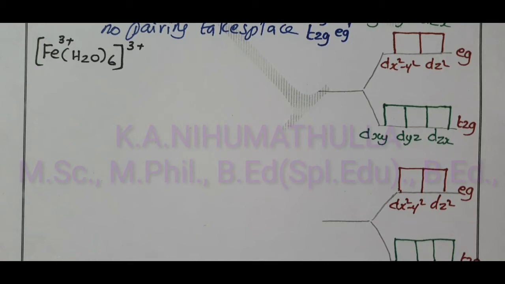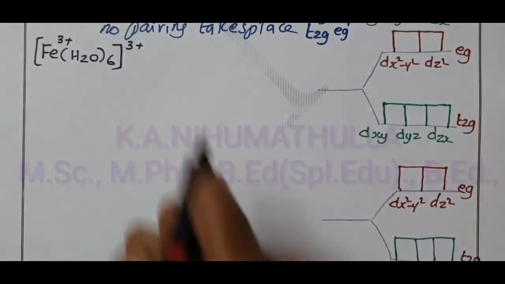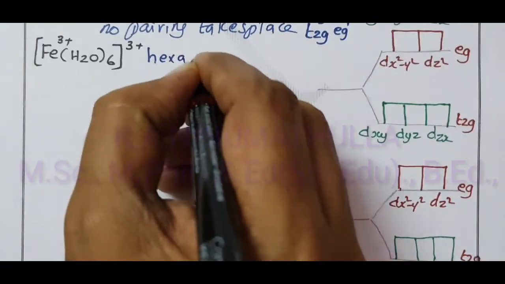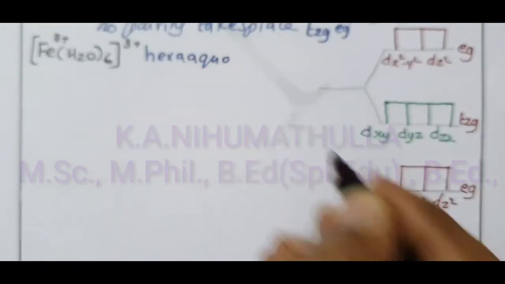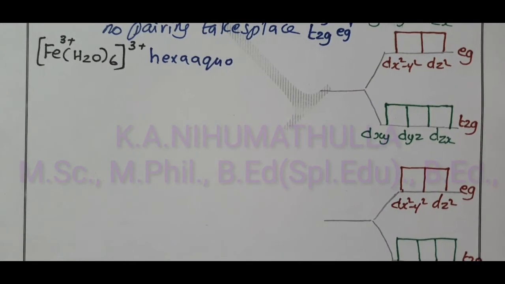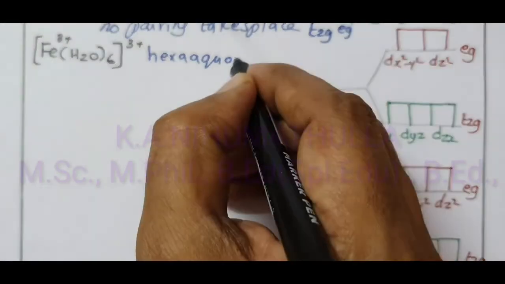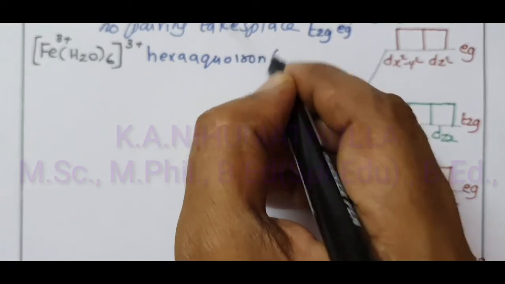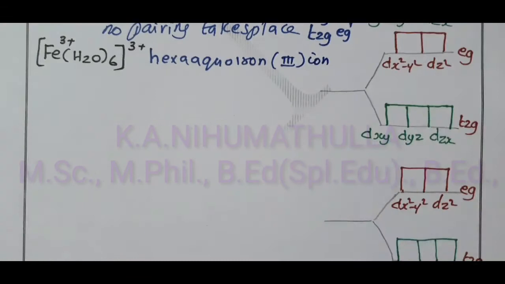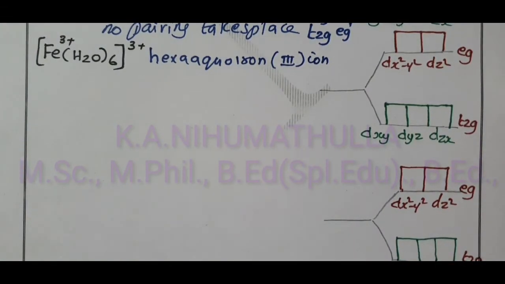A very easy name. We have 6 aqua, therefore hexaaqua. It is a positive complex, therefore the central metal ion name is as such, iron, oxidation state 3. Hexaaqua iron(III).